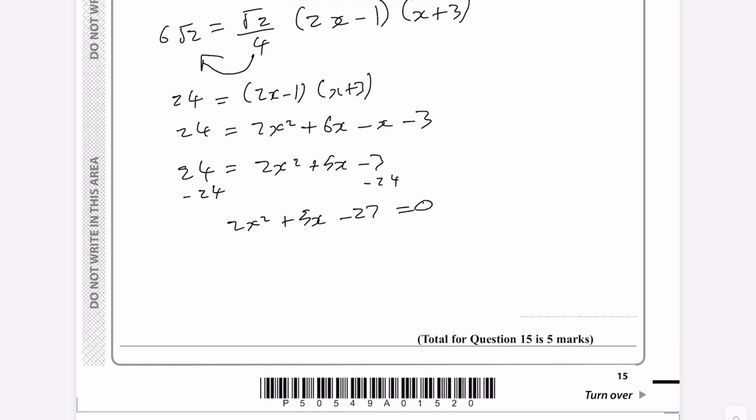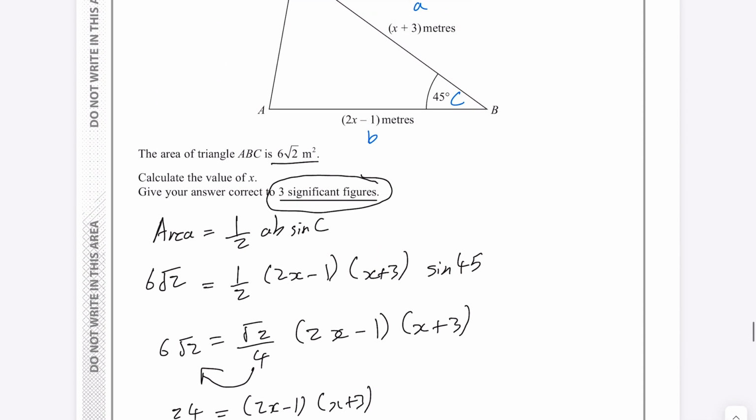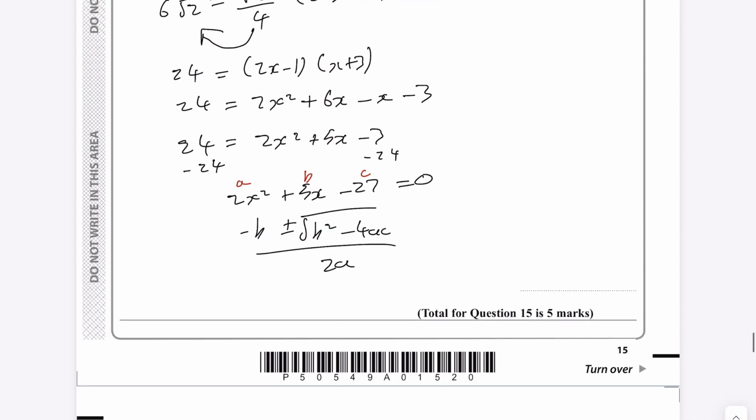So if you sub that straight into the quadratic formula, that'll be minus b plus or minus root b squared minus 4ac, over 2a. Let me label what a, b and c are: that's a, that's b, and that's c. This will obviously give you two values because you have a plus and a minus. But remember, x can't be negative because the length of a side cannot be negative. I normally like to have brackets around any negative values.